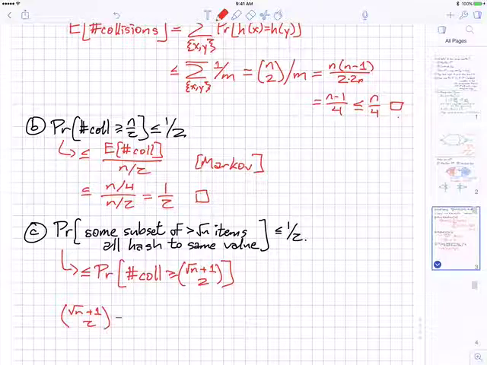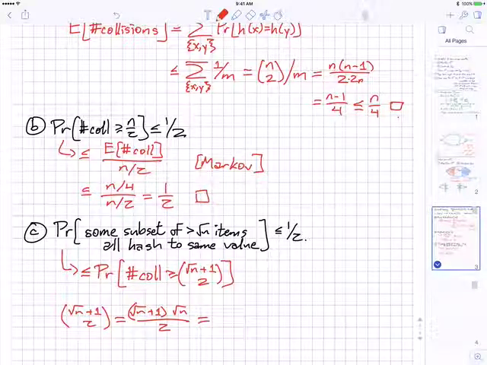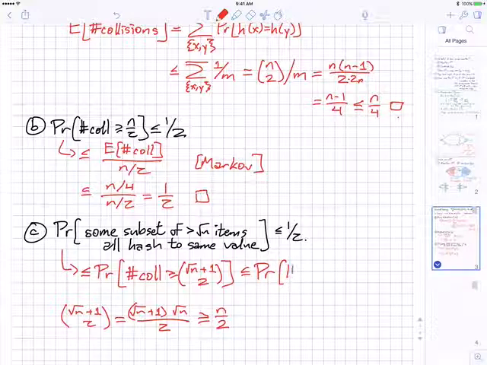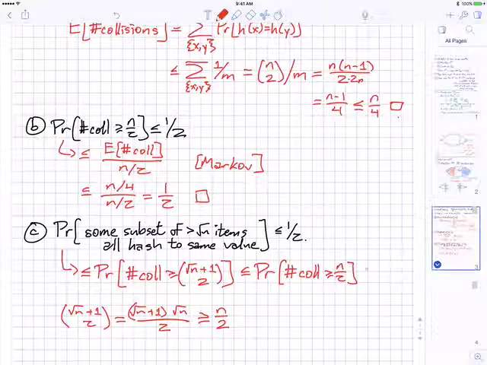Square root of n plus 1 choose 2 is square root of n plus 1 times square root of n over 2, which is slightly larger than n over 2. Right? So this is at most the probability that the number of collisions is bigger than n over 2, which is at most 1/2 by part B.